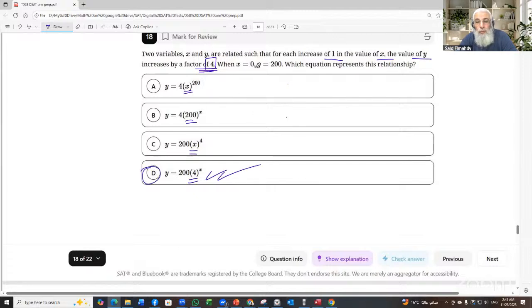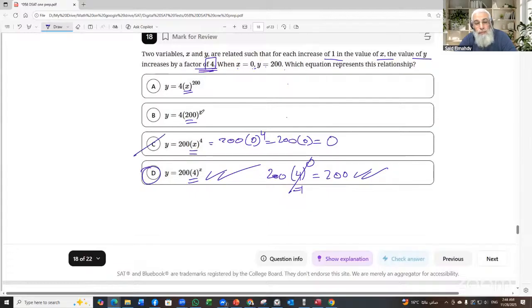And at x equal to 0, y is equal to 200. So 200 multiplied by 4 to the power 0 is 200 times 1, which is 200. This is correct. But if you put x equal to 0 in 200 multiplied by 0 to the power 4, this is 200 multiplied by 0, which is 0, which is incorrect.